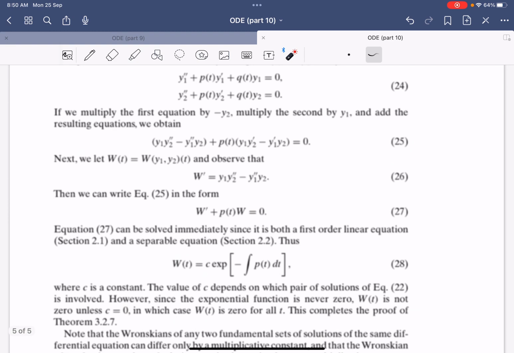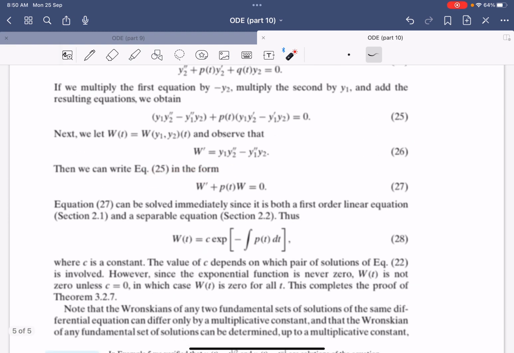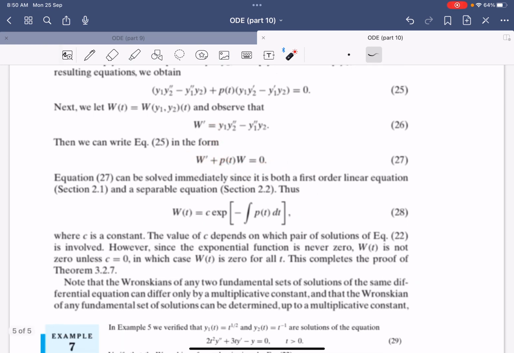We can rewrite it into the following linear form, W prime plus p(t)W equals 0. We can solve it immediately, because it is variable separable, so you get the following result. W(t) equals c e to the power minus integral of p(t) dt.